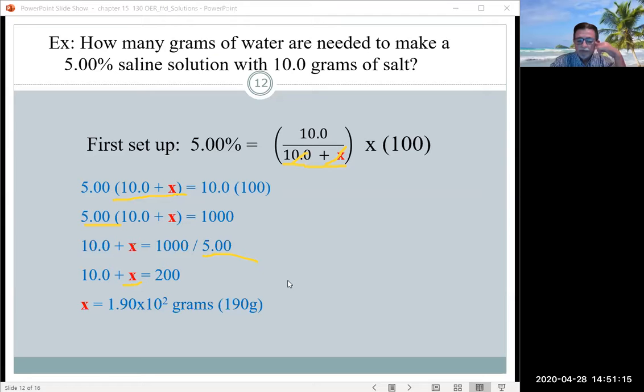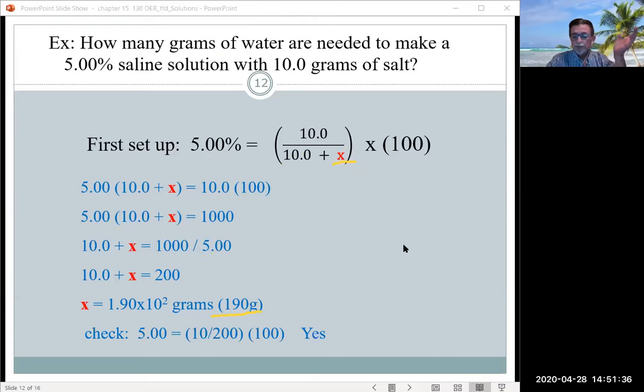Now, what do we do to verify that that's the case? Well, you take your number and you plug it back in the original equation. And if you do that, you end up with 5.00 on both sides of the equation, which means, yes, you solved it correctly.